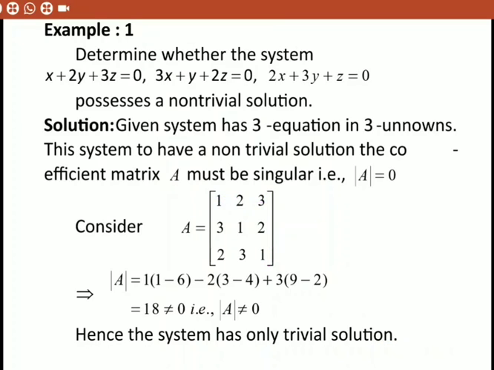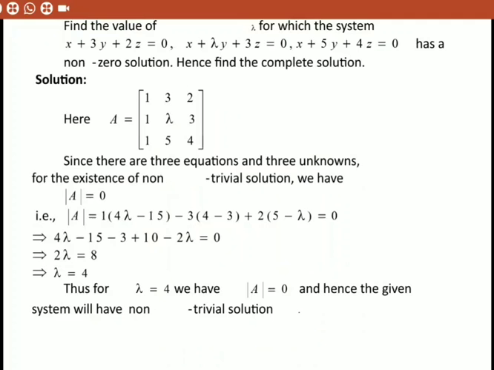Now expand this. You will get 1 minus 6, which is minus 5. After simplification it equals 18, which is not equal to 0. So determinant of A is not equal to 0. Hence we can say that the system has a non-trivial solution.